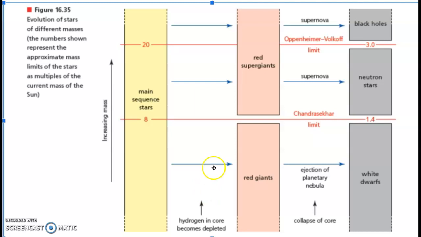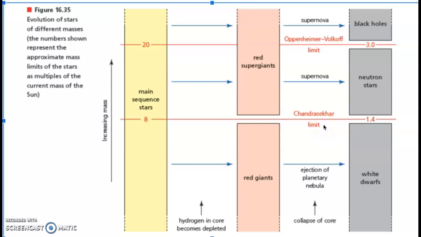Now, this is a very good way of visualizing the entire thing. Main sequence stars, there are two very clear limits. At 8 solar masses, we have what's called the Chandrasekhar limit.